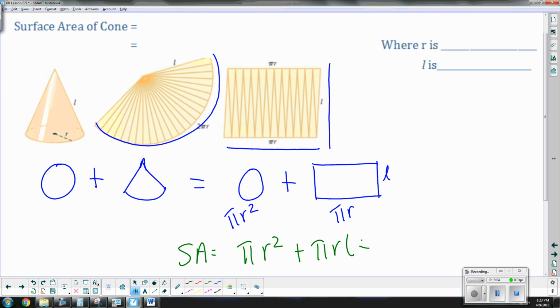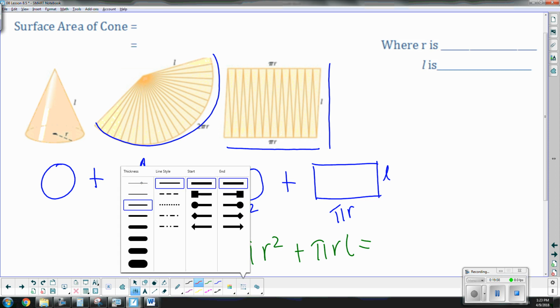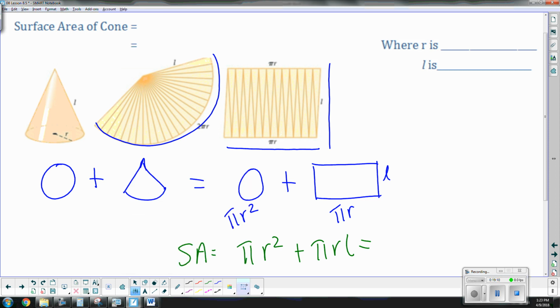Again, we can simplify this, and we're going to do that by factoring. So if you look at both of these terms, they both have a pi, and they both have one r. Pi r. So we can factor out that pi r, and we're left with r plus L. Okay, so that's how we got that surface area of a cone.